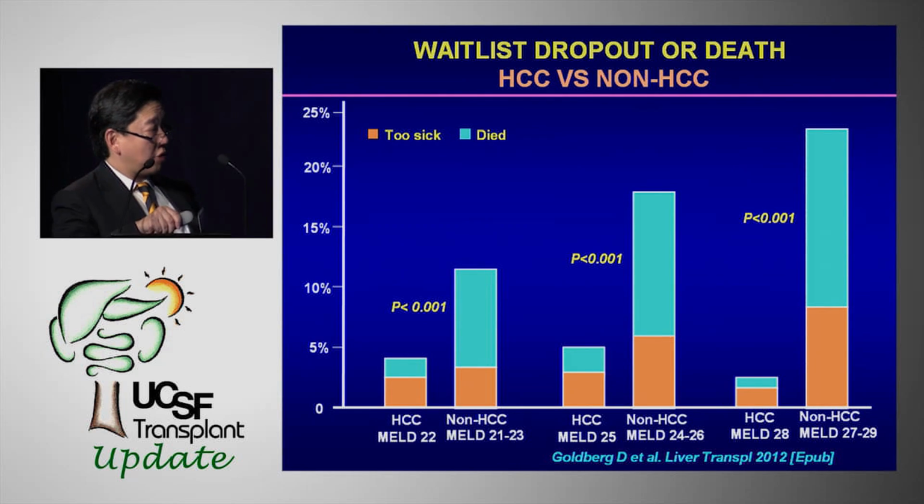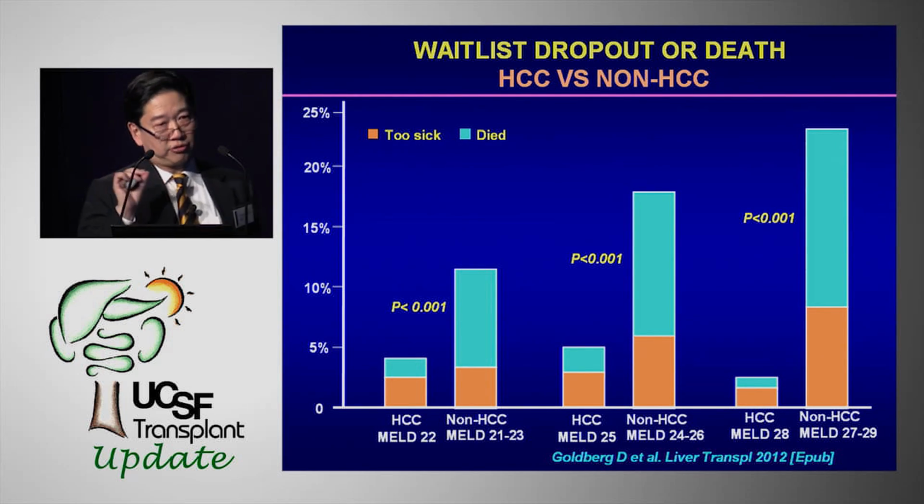If you look at dropout from the waiting list because the patient is either too sick or died on the waiting list, you can see that there's an advantage for HCC patients at every MELD point they look at, and this discrepancy is even higher for those with higher MELD, HCC MELD 28 versus non-HCC with MELD score in the range of 27, 29. So there's really a significant discrepancy in terms of the dropout rate from the transplant list.